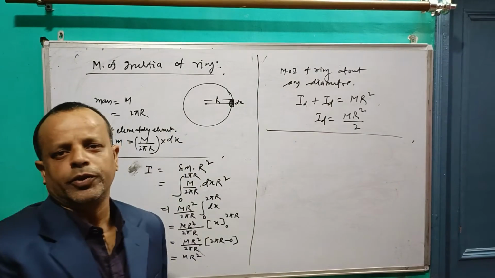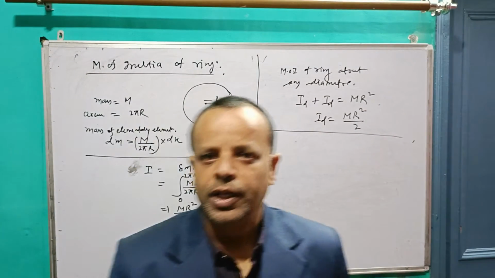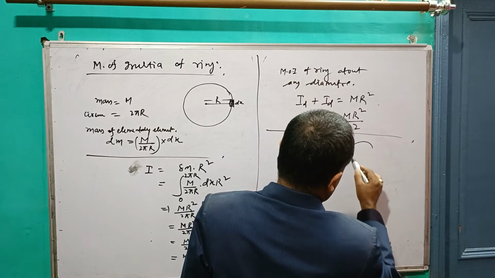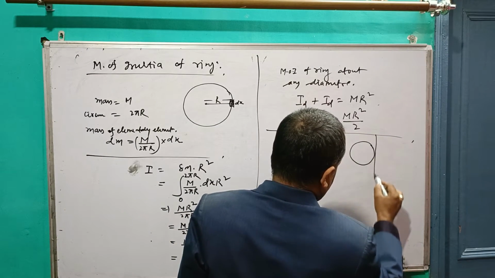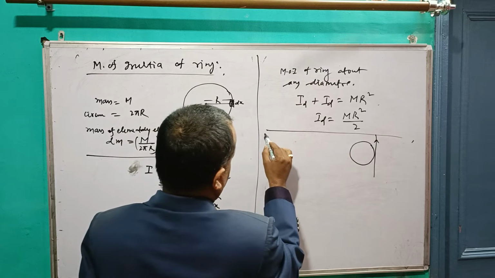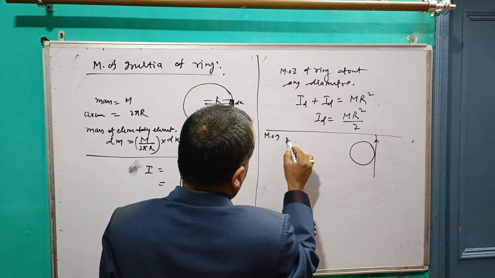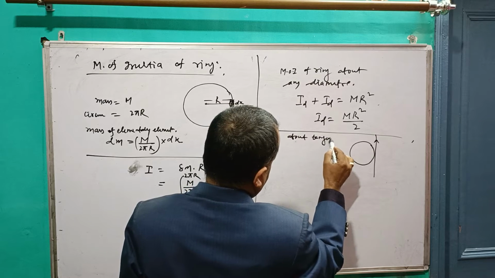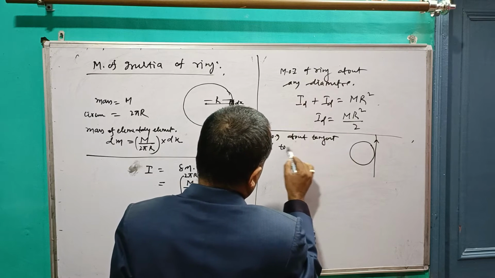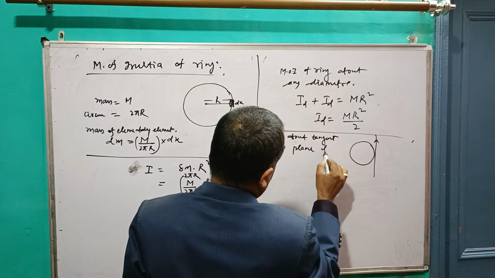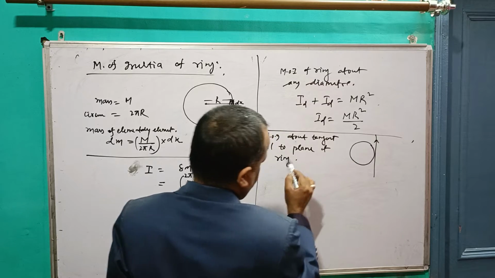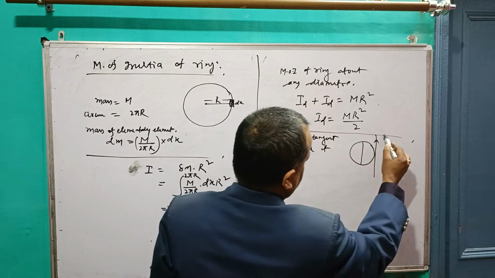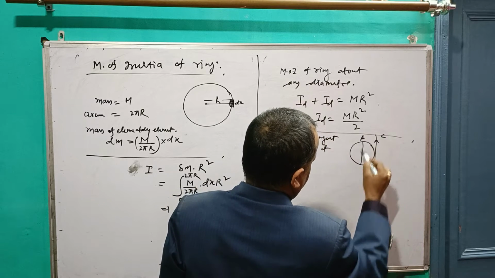Then we'll go for the moment of inertia of ring about a tangent which is parallel to the plane of ring. Let us suppose this is the ring, this is CD, and this is AB.